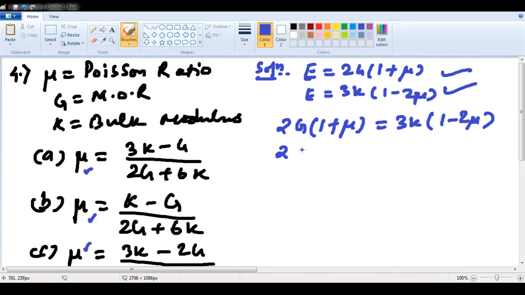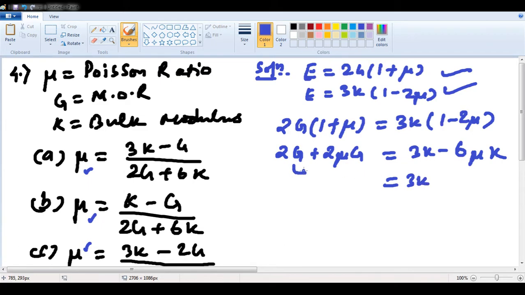So from here I can write 2G plus 2 mu G is equal to 3K minus 6 mu K, correct? From here I'll take out: 3K is there, I'll bring 2G to this side, this will be 2G. 6 mu K I'll bring to the right hand side, okay?